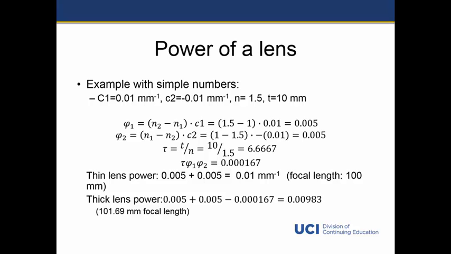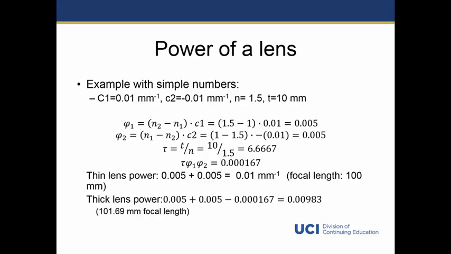So let's take a look at a simple case. First curvature is 0.1 inverse millimeters. Second curvature is minus 0.01 inverse millimeters. So I've got a symmetric lens. Index 1.5, and let's assume the center thickness is about 10 millimeters. If I calculate the power with the first surface, change in index times the curvature, I get this value.